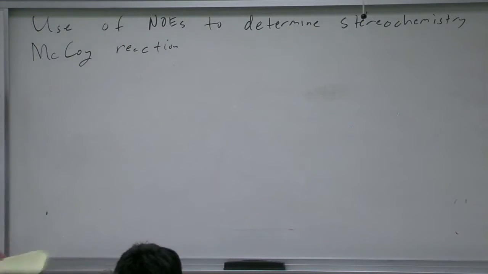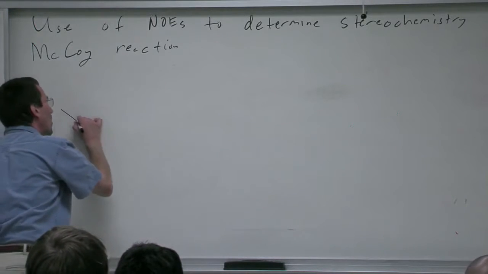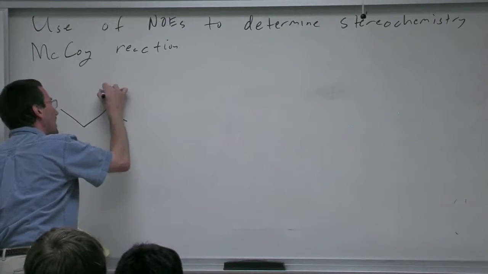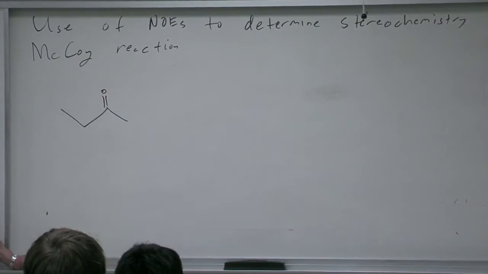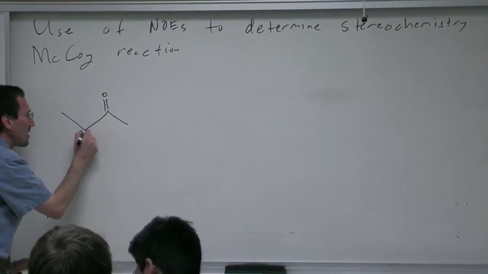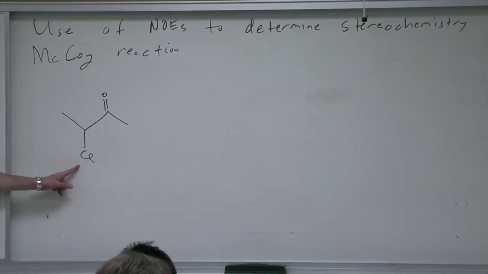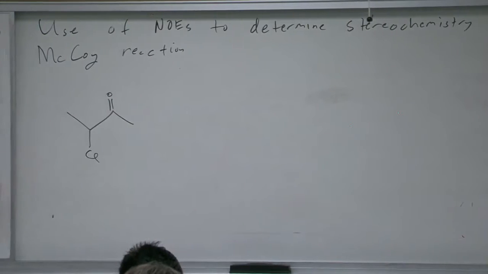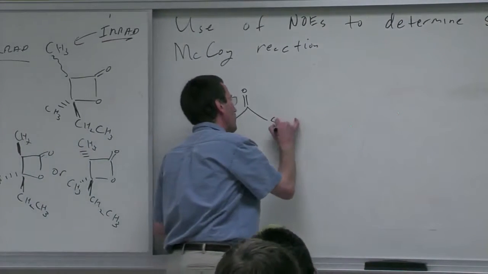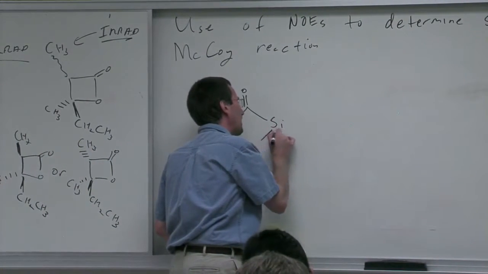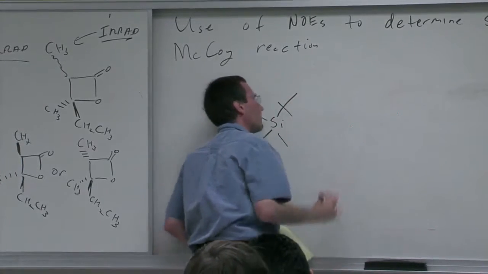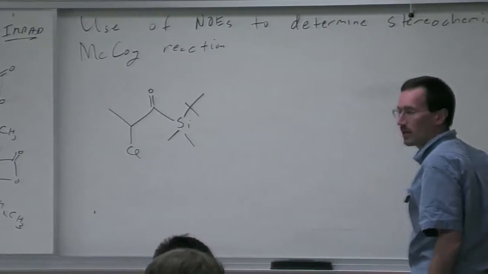And yet, if Professor Van Branken asked you for a mechanism of it, I bet you would all get it. So the substrate for the reaction is an alpha halocarbonyl compound. This happened to be a silyl ketone, or what's called an acyl silane, and it's a TBDMS one, but you could also do this with an ester.